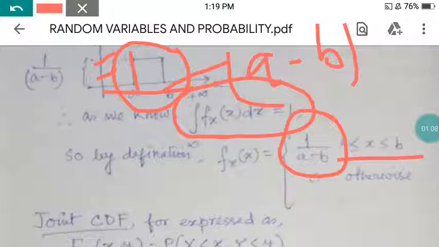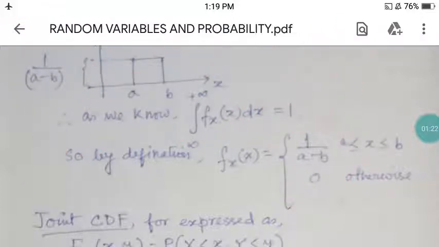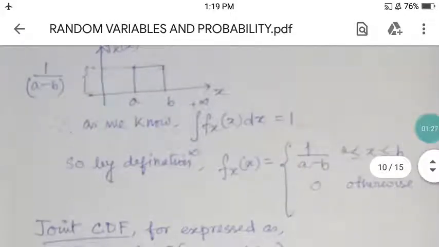If you integrate it, the result is x by (b minus a), and it is basically plotted as a graph in this way. So by definition, f of x equals 1 by (b minus a) for x greater than or equal to a and less than or equal to b.